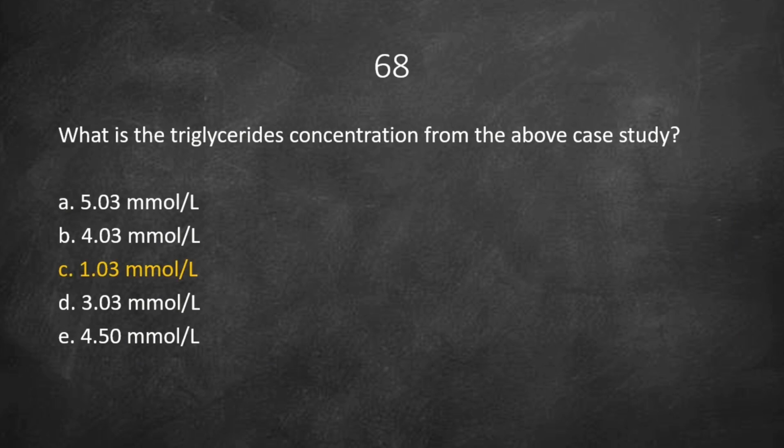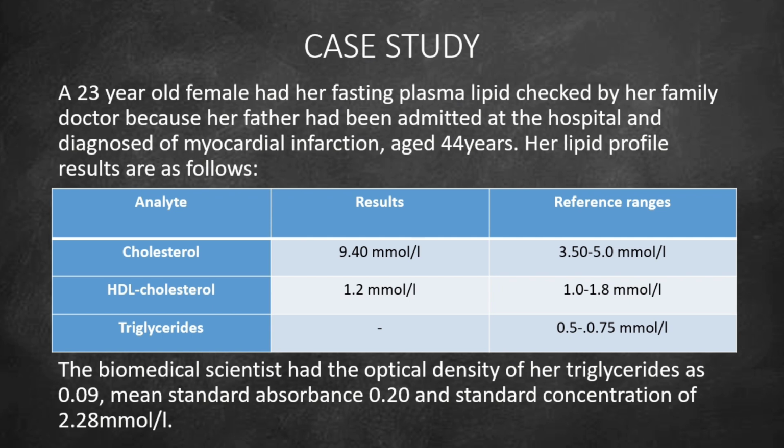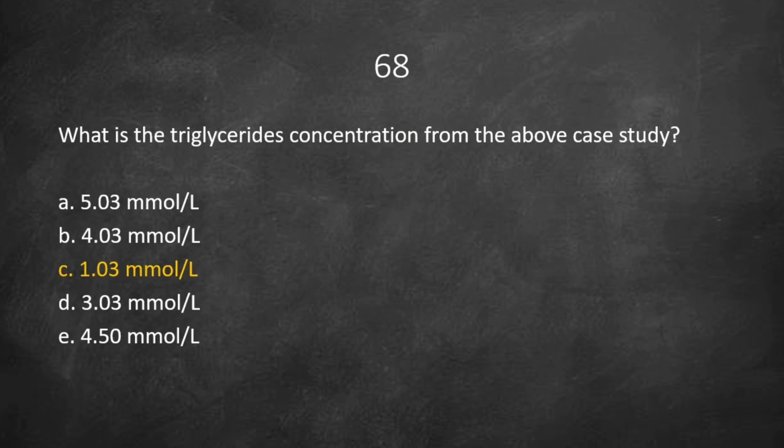The answer is 1.03 millimole per liter. How do you get that? It's the optical density of the triglyceride, that's 0.09 over the standard, which is 0.20, then multiplied by the concentration, which is 2.28. So if you do that, you have to get 1.03.